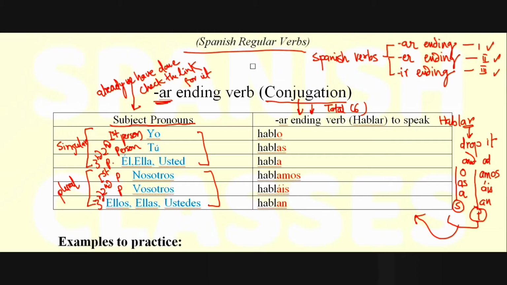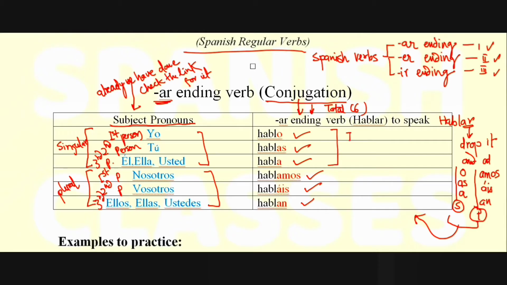Now check the box. Suppose I have taken hablar. So after dropping we have added O, as, a in red, amos, ais, an in red, in singular and plural. Total 6 we can see here.